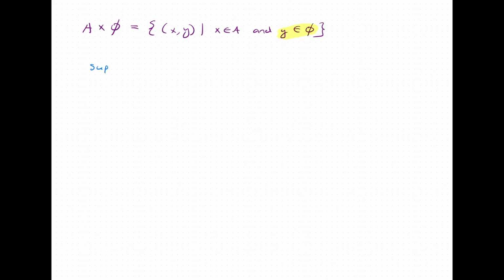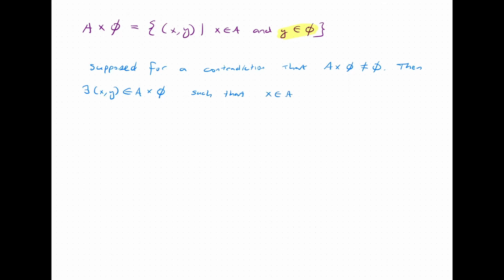So suppose, for a contradiction, that the Cartesian product of A and the empty set was not equal to the empty set. Then there exists some x and y in the Cartesian product such that x is in A and y is in the empty set.